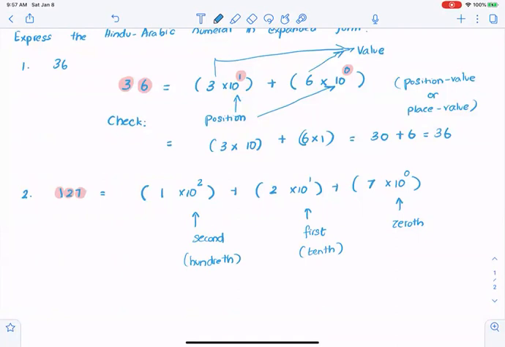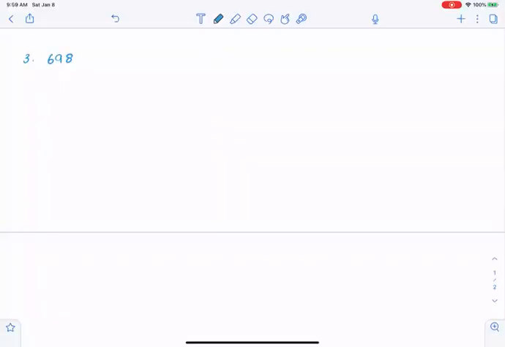So 0, because it's 10 raised 0; tens, or the first digit, 10 raised 1; hundreds, second digit, because we have 2, and 10 raised 2 is 100. So all we have to do is recognize that there would be 3 terms.